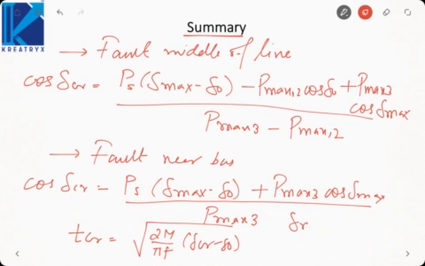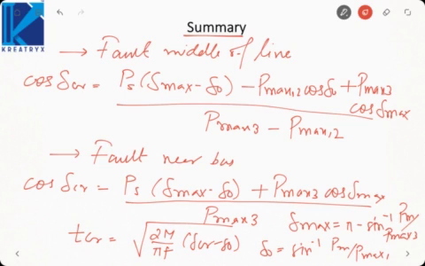Here delta max is equal to pi minus sine inverse Pm by Pmax 3, delta naught is sine inverse Pm by Pmax 1. Okay, so these are the two angles that we are using in these expressions, that is delta max and delta naught.